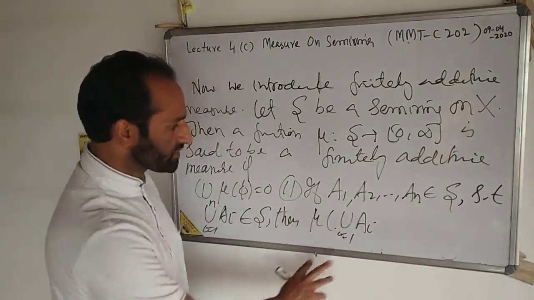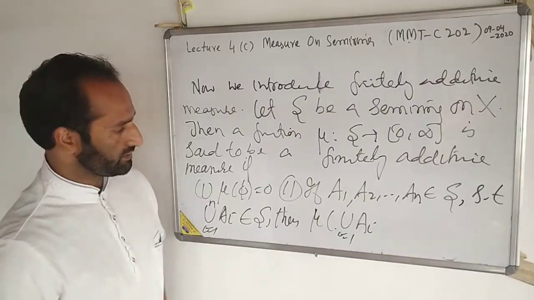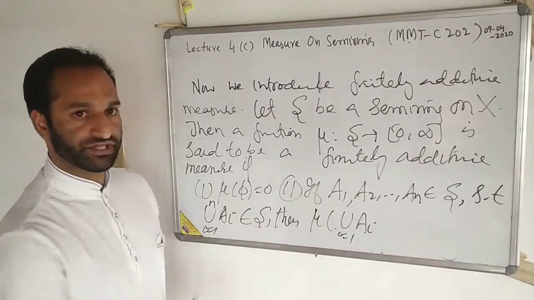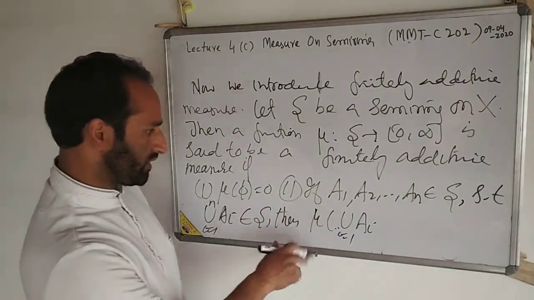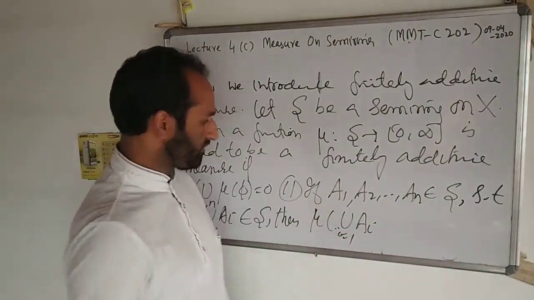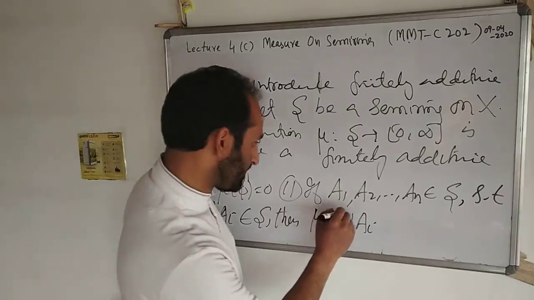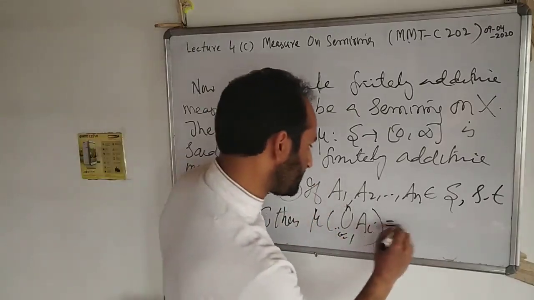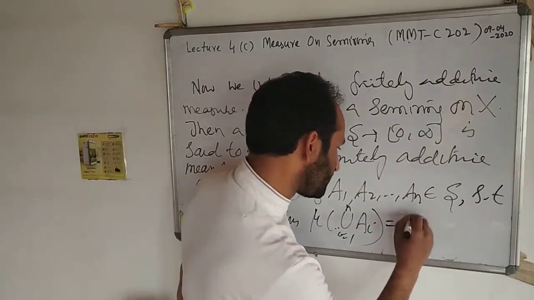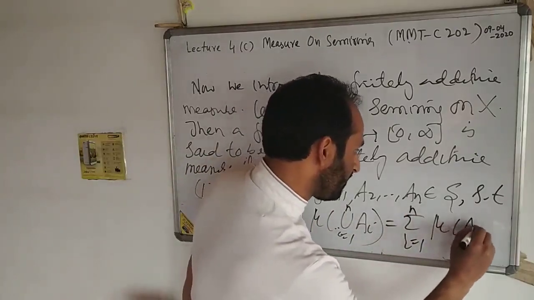In case of measure, it's countably infinite. That's why at that time this property is called sigma additive, because at that time the union is a countable union, but here it's a finite union. So it's mu of the finite union, that's equal to the summation i runs from 1 to n mu of Ai.